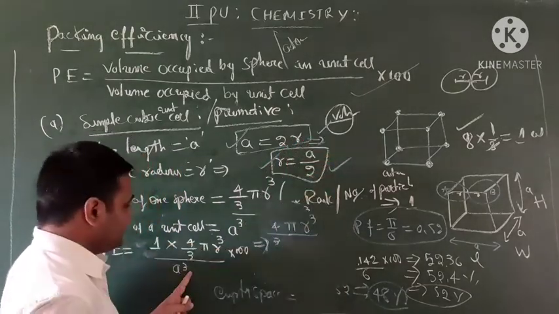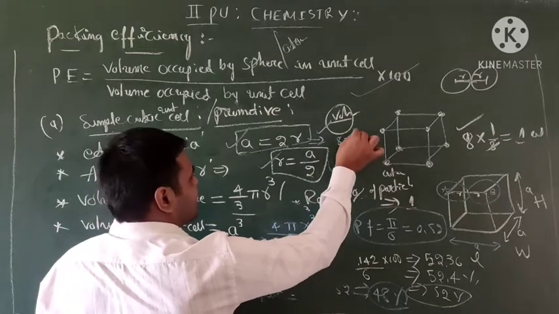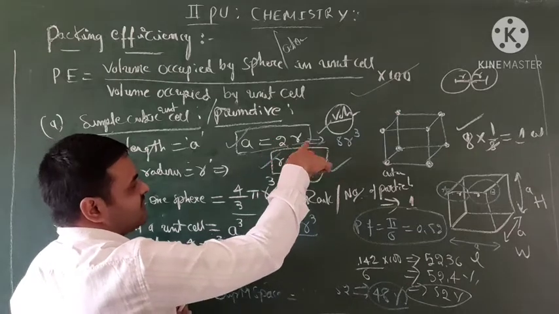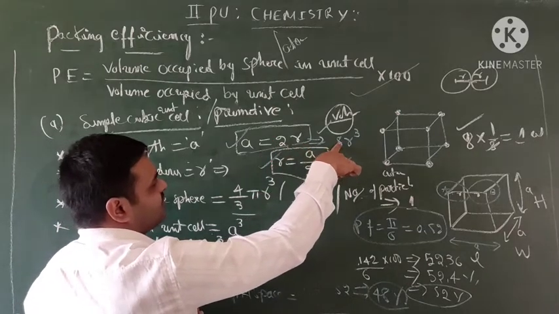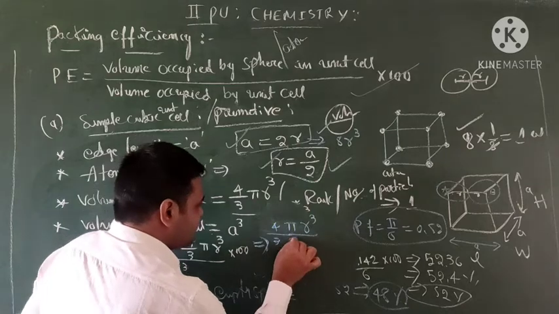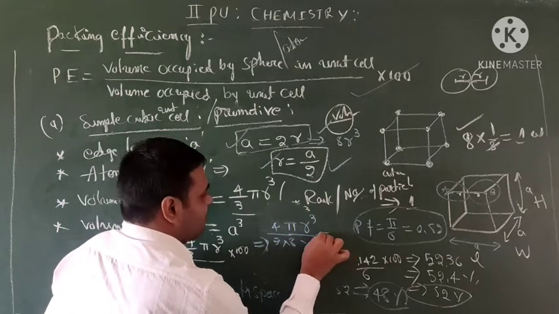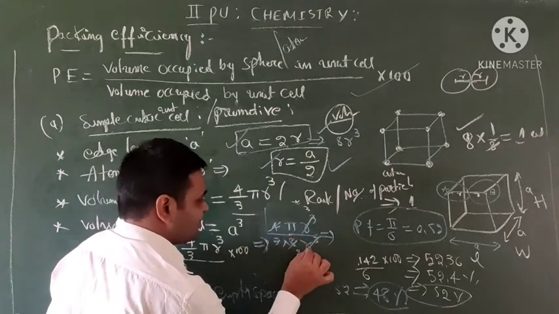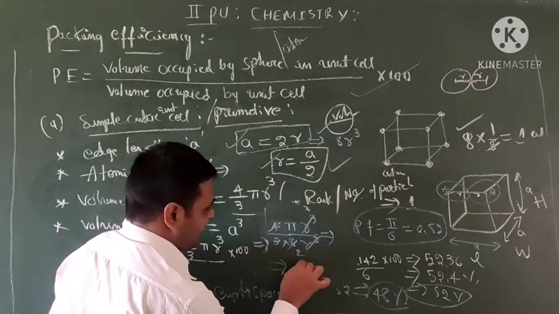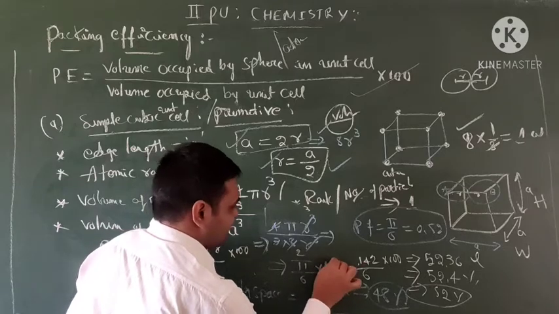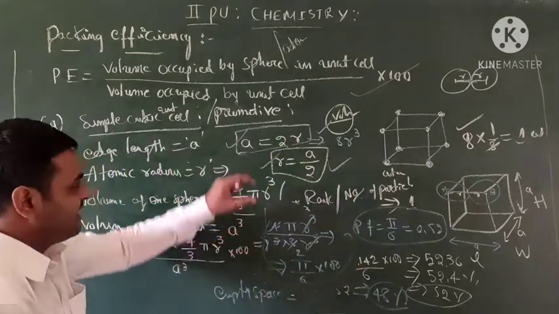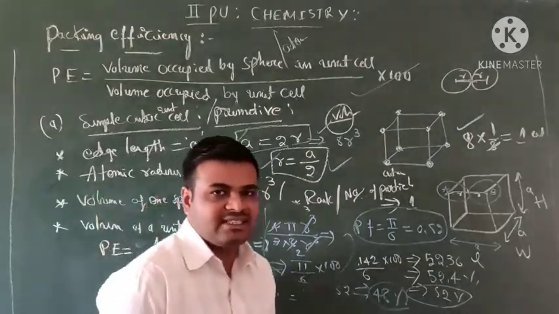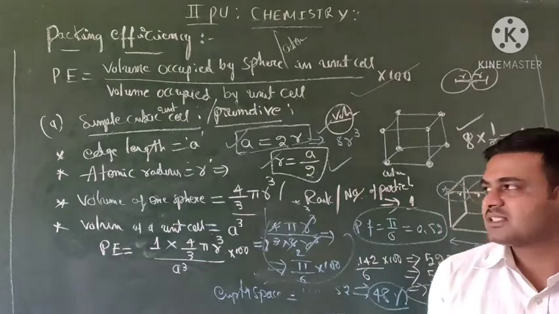You consider 2r cubed, which is 2 into 2 into 2, 8 r cube. So it is 8 into r cube. The r cube cancels. 4 ones are 4, 4 twos are 8, 3 into 2, this is also the same: pi by 6 into 100. Whatever values you take, a or r, both answers should be the same. This is very, very important in a 3 marks question.